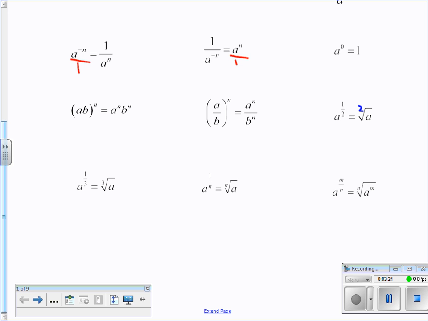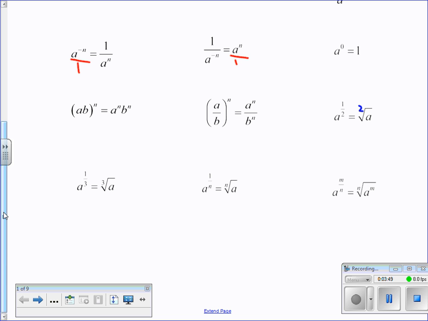Cube root of a is a to the 1/3 power. So if I write a fractional power, my denominator is what root I'm taking. If I have something in the 1/4 power, that means I'm taking the 4th root. If I have something in the 1/8 power, that's an 8th root.